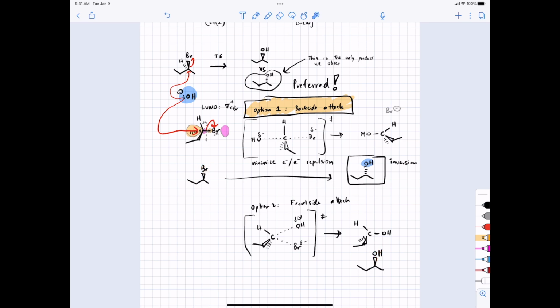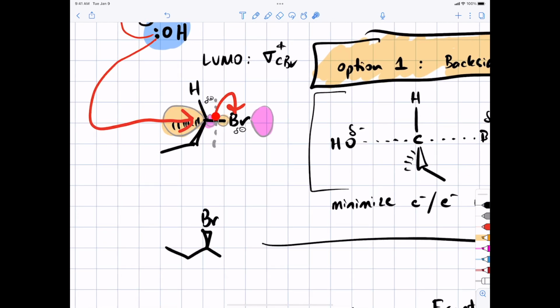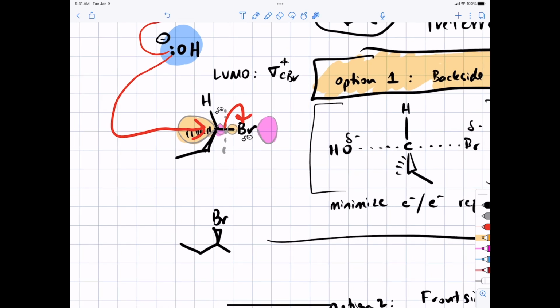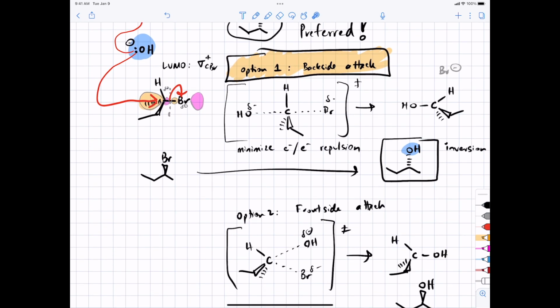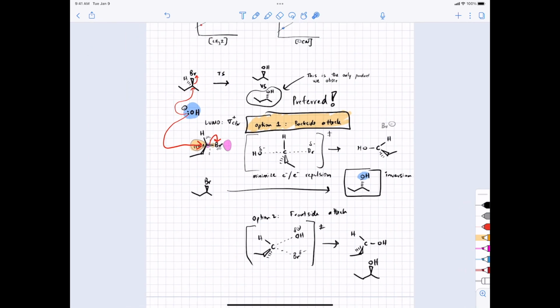Only if you think about the orbitals, front side attack doesn't make a lot of sense because there are small lobes there and there's also a node right in the middle of it. So that doesn't give you the best interaction of the HOMO from the nucleophile with the LUMO from the electrophile. And because we're attacking a sigma star, it makes sense that we break the carbon-Br bond.